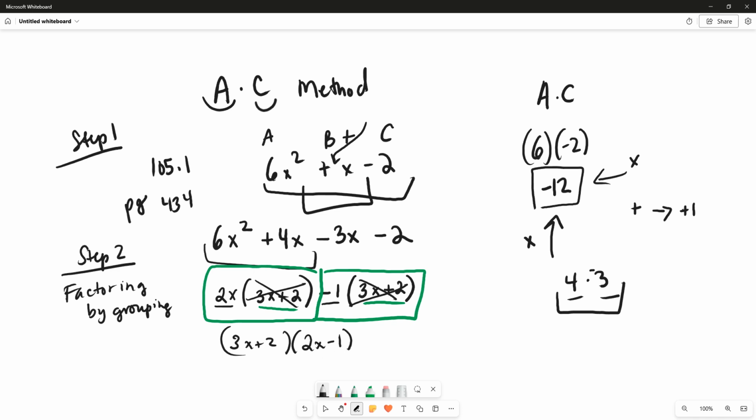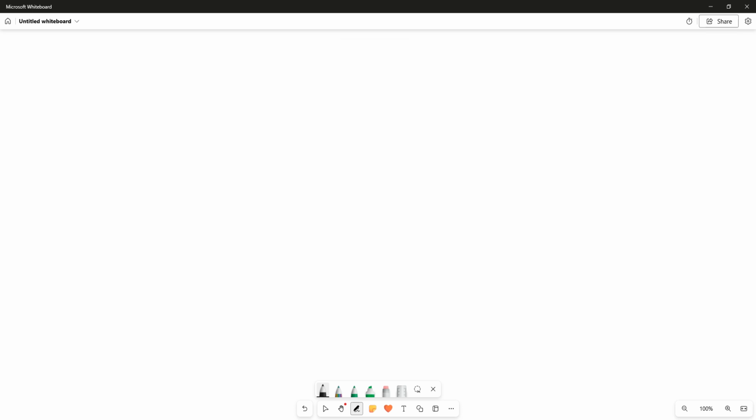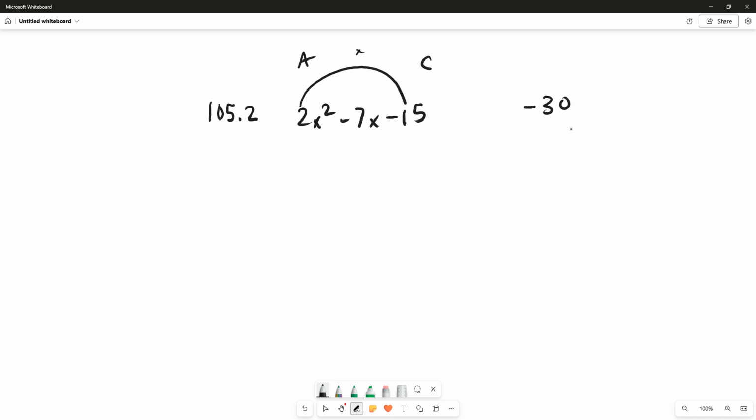Okay, let's do another one just to make sure it makes sense. So let's do 1052: 2x squared minus 7x minus 15. Same principle. We're going to multiply the A term times the C term. So that's negative 30.